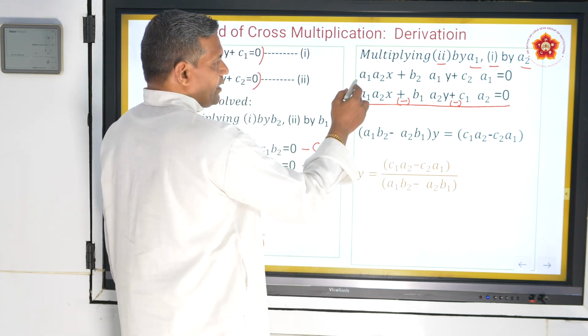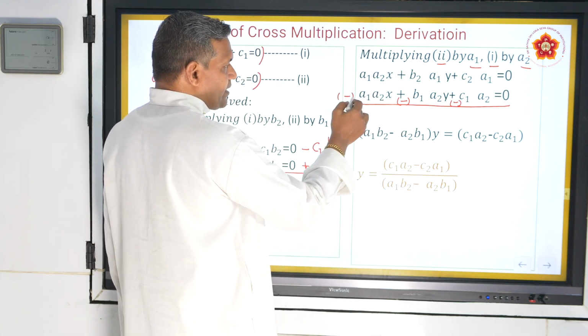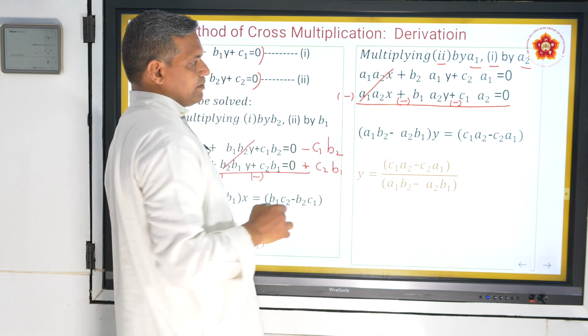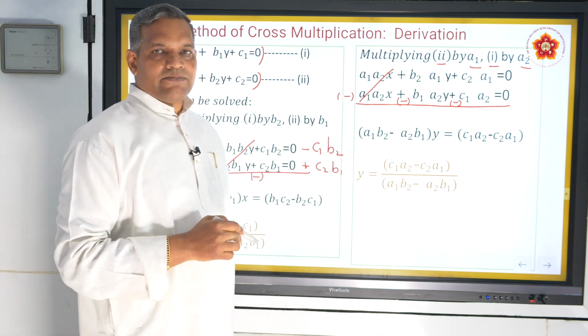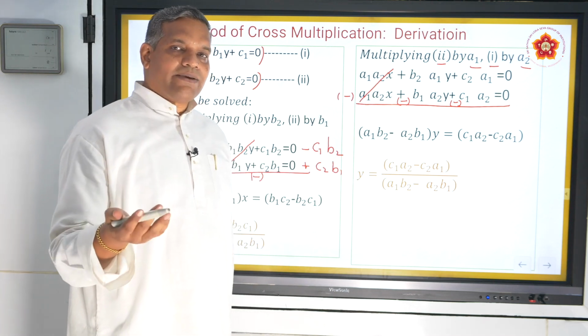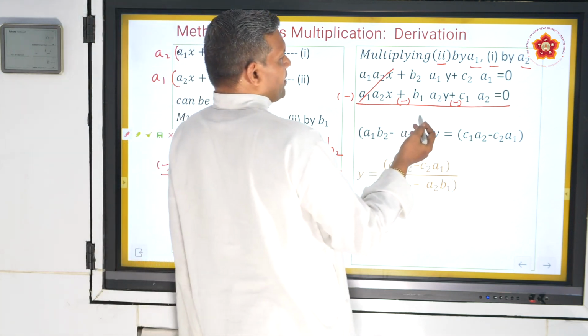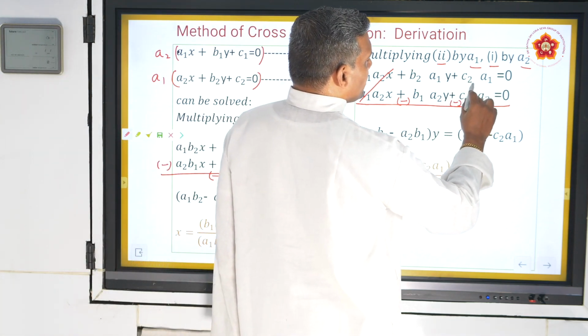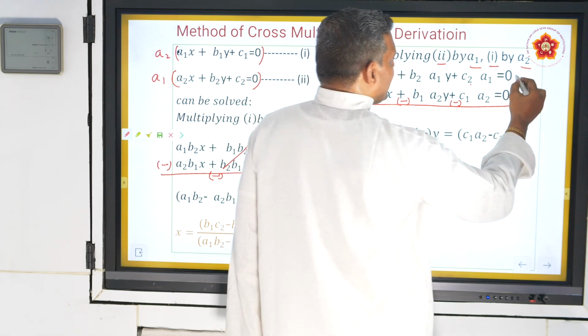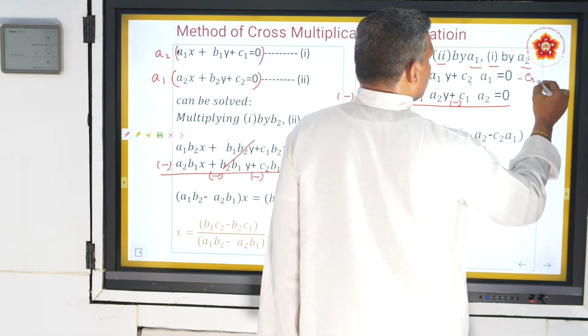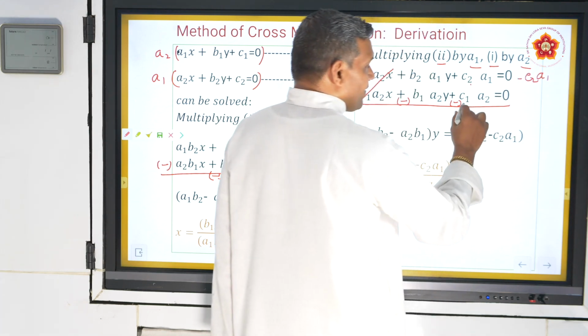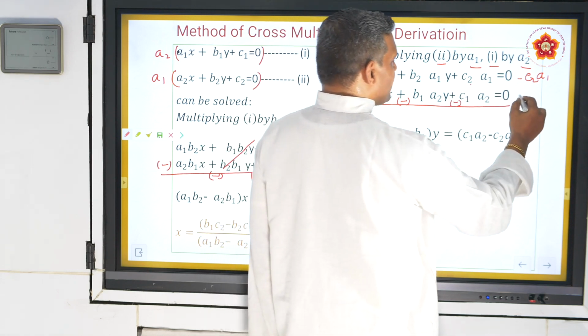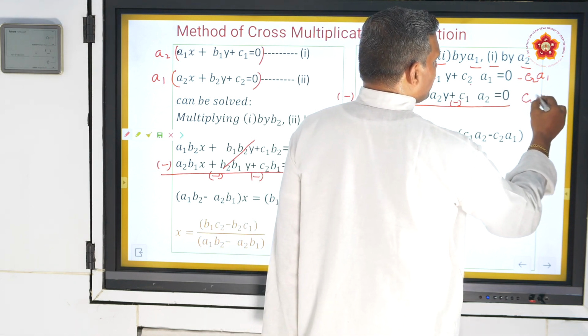Guess what happens? a1 a2x minus a1 a2x cancel with each other. What did I eliminate this time? X, of course. What did I get this time? Y. Now look into this particular part. If I transpose this one, this will become minus c2 a1, and if I transpose, this is already minus, it will become plus c1 a2.